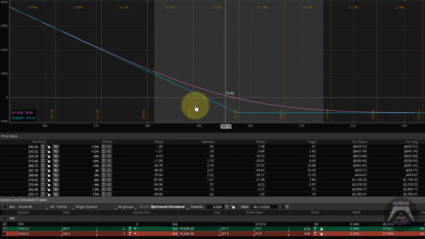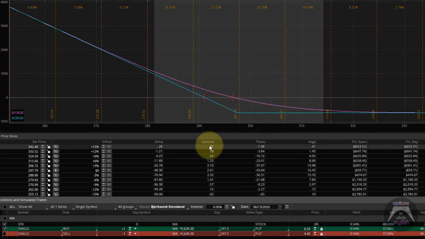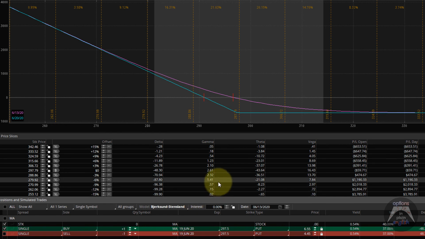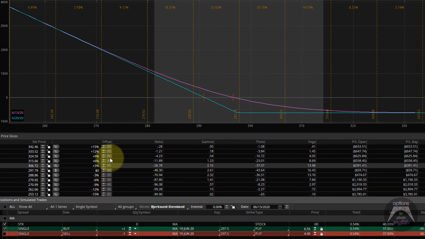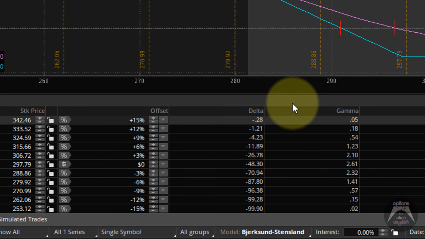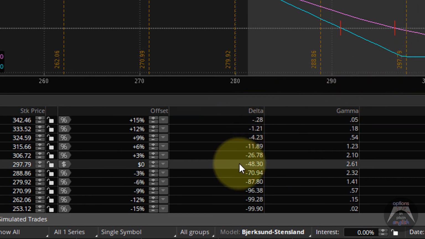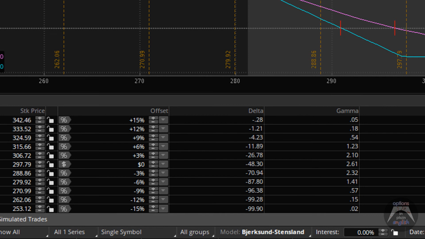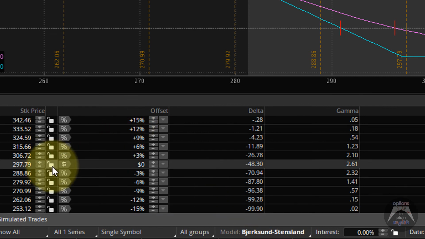So if it goes down by a lot, you can make a lot of money, and you're going to lose a fixed amount. Okay, so I want you to focus on the delta as the price is changing.